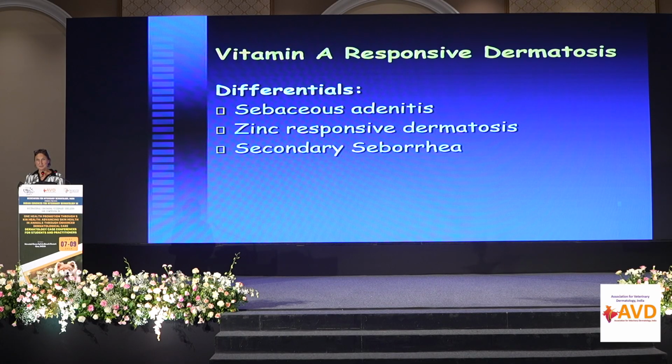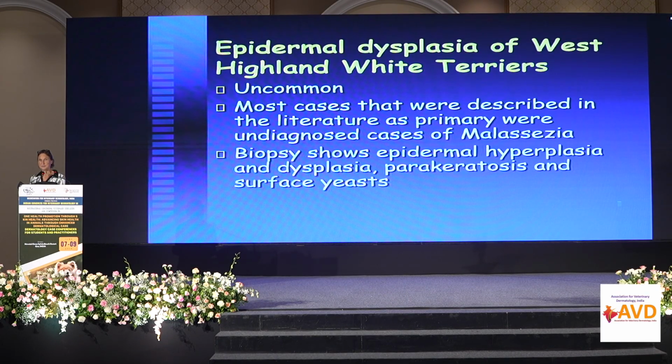Now, there are other diseases that may look like vitamin A responsive dermatosis. Okay, we already talked about the secondary stuff, but let's talk about other ones like sebaceous adenitis and zinc responsive dermatosis. But before I talk about those diseases, I want to briefly mention that in the literature, there is also the mention of epidermal dysplasia of Westies.